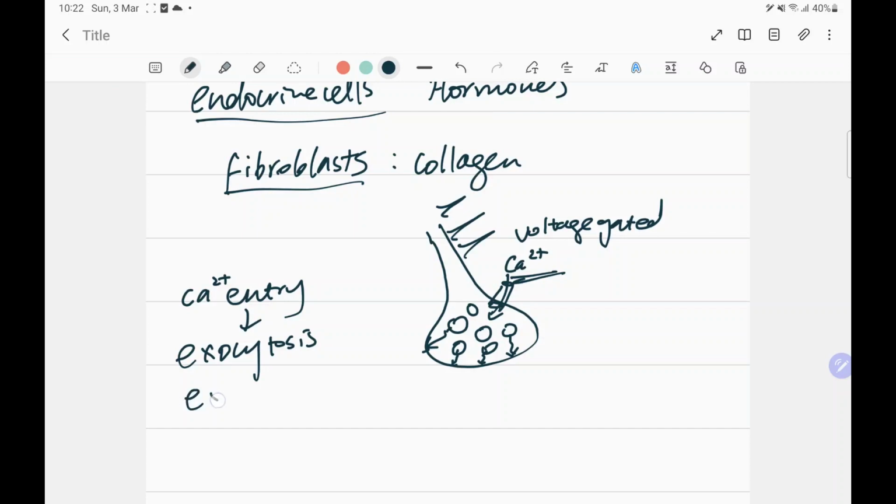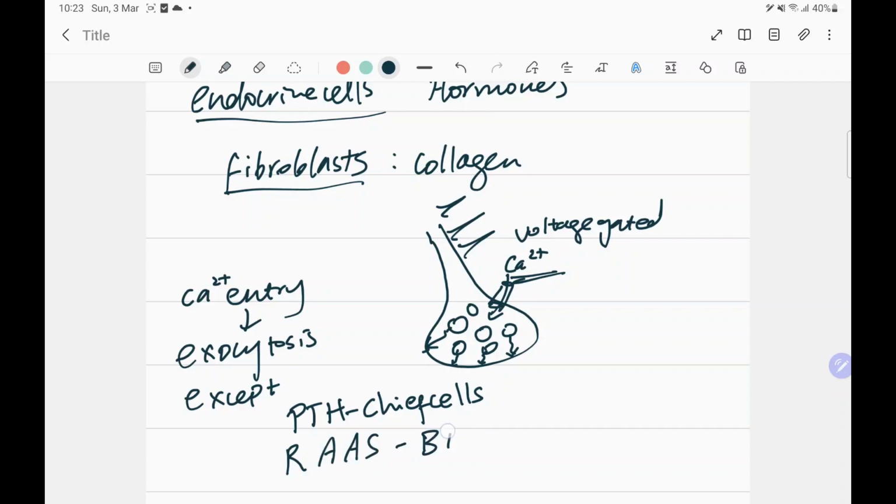The exceptions are the chief cells in the parathyroid gland, which secrete parathyroid hormone, PTH, when the calcium becomes low. That's how they're trained, because parathyroid hormone is supposed to increase calcium levels when they go low. And another is the cells that secrete renin for the renin, angiotensin, aldosterone system. This comes in blood pressure regulation.